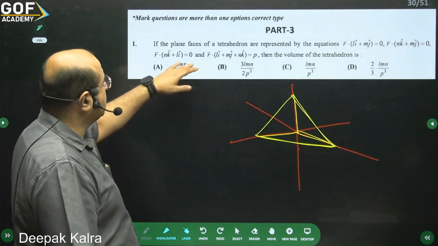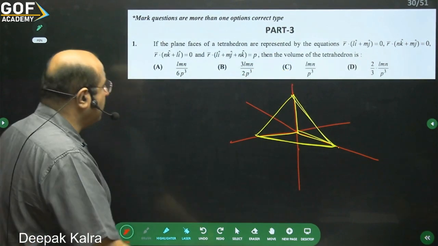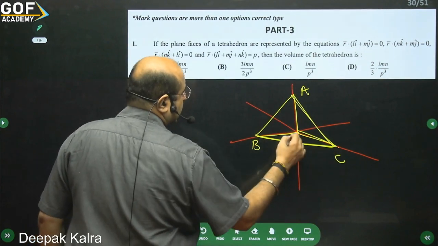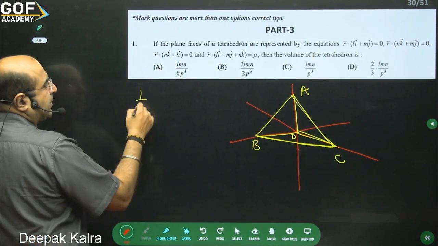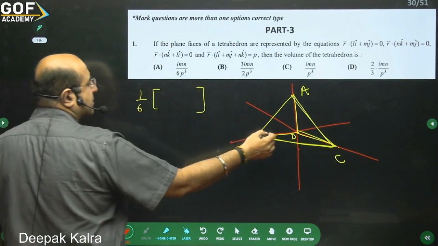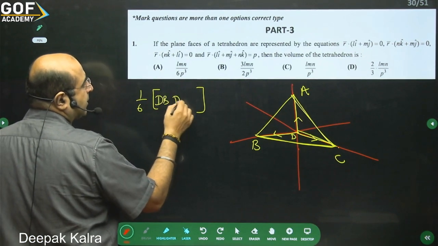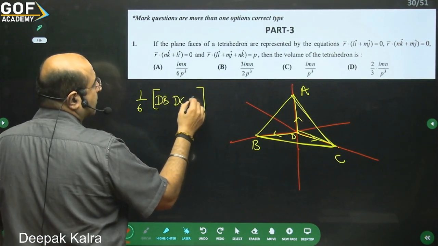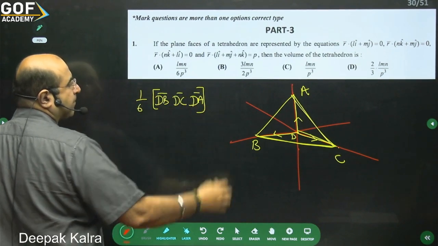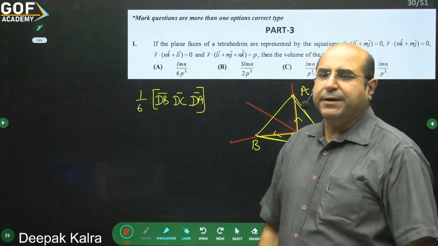And then the volume of the tetrahedron. Tetrahedron volume, you know that if you know A, B, C and D, the tetrahedron volume is 1 by 6 of the STP of their adjacent sides. Let us suppose I say DB, DC and DA. Okay, that is the volume of the tetrahedron.